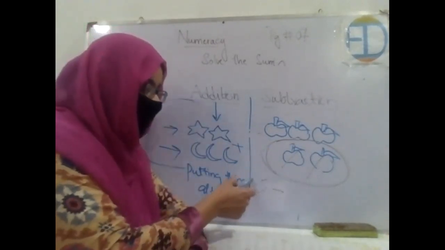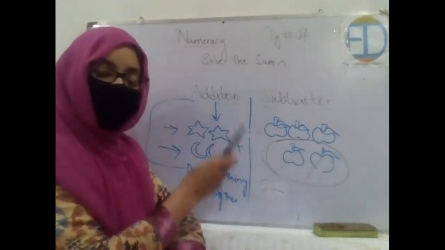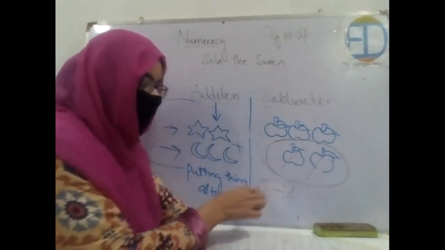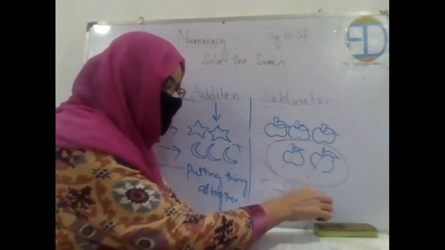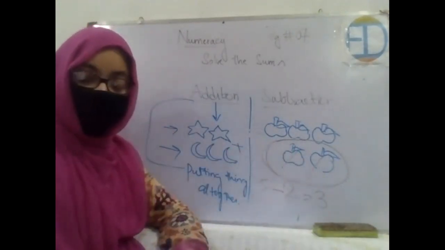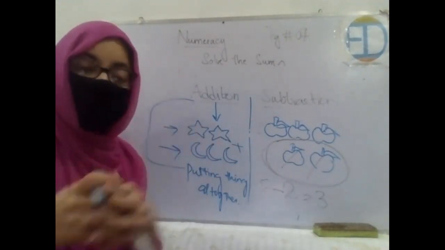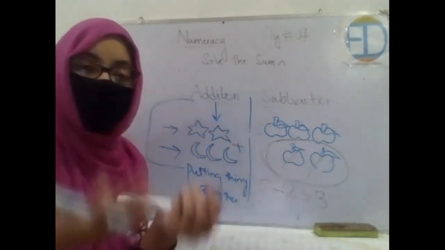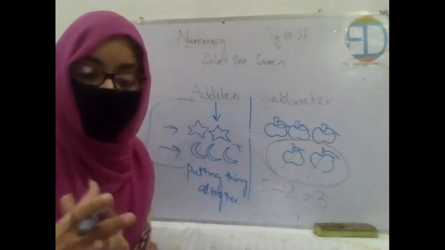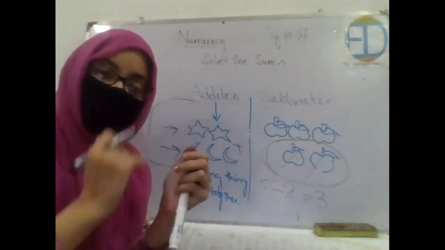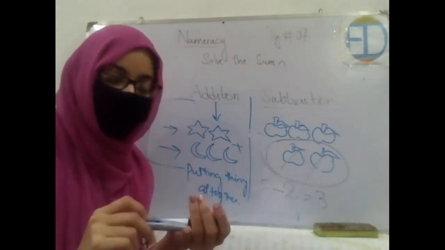You will minus the number that you have given, that is 2, from the total number which is 5, and you will get the answer which is 3, right? So in addition, we put things all together, and in subtraction, we find the difference between two things, or we subtract or minus one number from the other one, right?